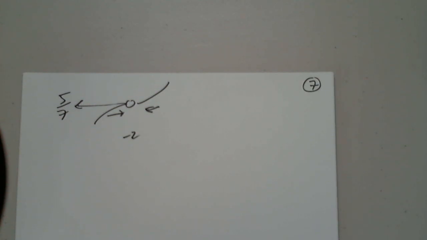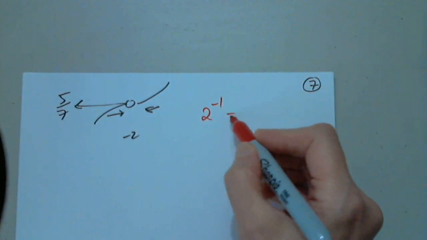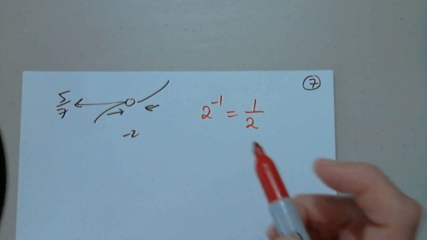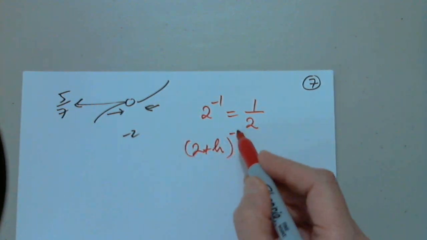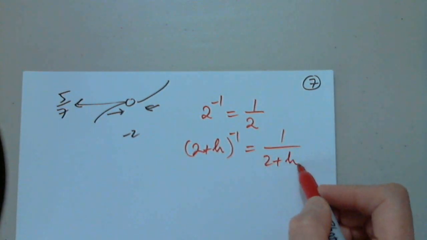Can you briefly talk about what you would do if it has a negative exponent, like number 26? The negative power only means, for example, 2 to the -1 means 1/2, and 2 plus h to the -1 means 1 over 2 plus h.